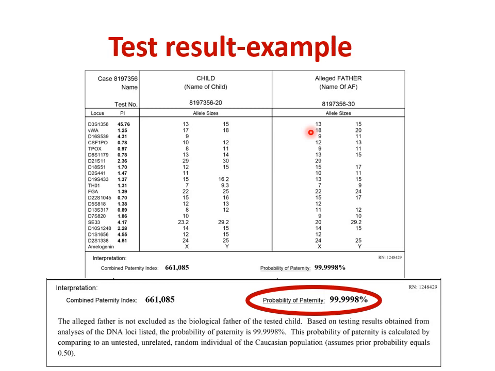So every time one number is exactly the same, because one chromosome must have been provided from the father to this child. It's never 100% because it's statistics and it's a probability calculated, but the chance that there is another man with exactly the same profile is close to zero.